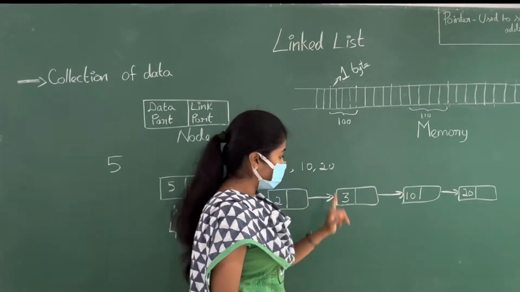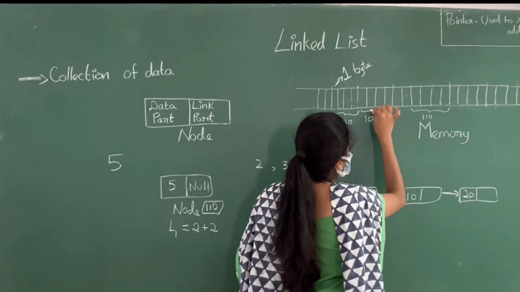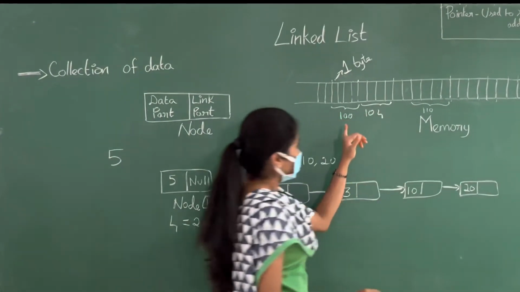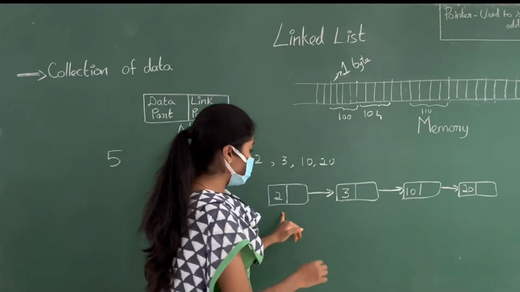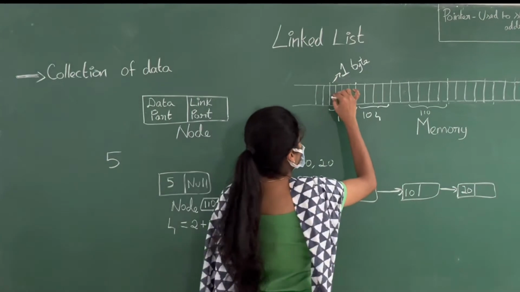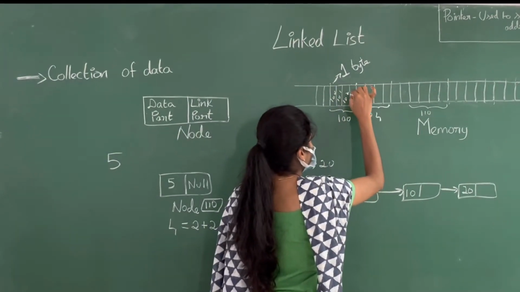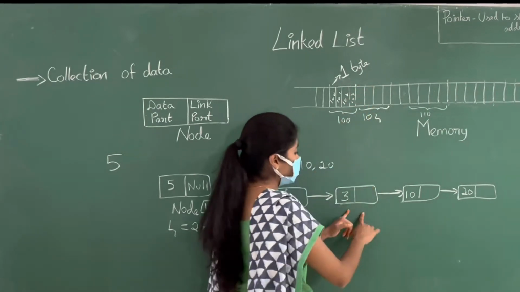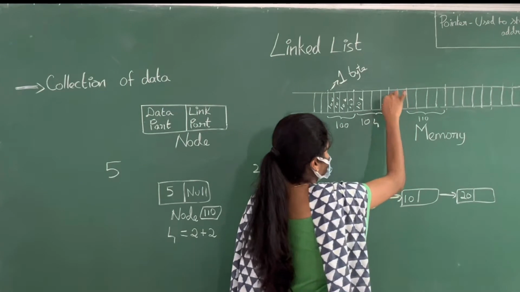The next node will be stored in 104. What is the gap between 100 and 104? It is because this node is stored in 4 bytes. So this is 100, this is 101, 102, 103. So the next node will be stored from 104 till 107.